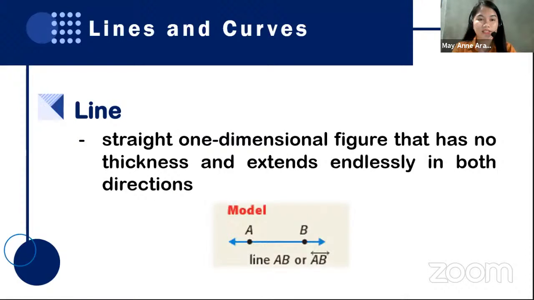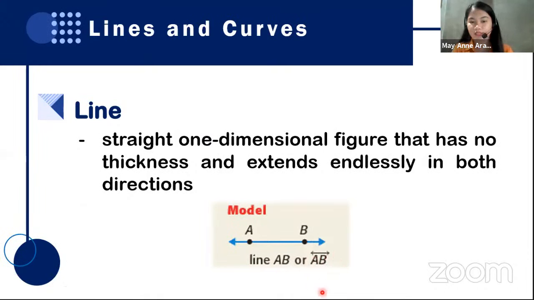Okay, let's start with plane geometry. For plane geometry, first is the defined line. A line is a straight, one-dimensional figure that has no thickness and extends endlessly in both directions. This model can be named as line AB, or we can use this symbol.